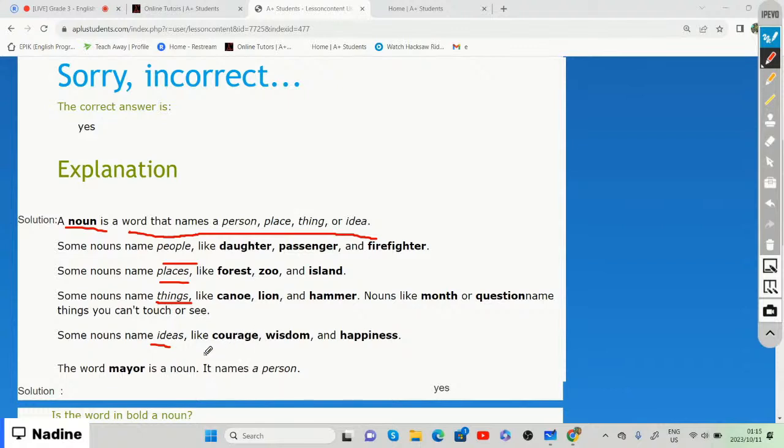For example, courage, wisdom, happiness, right? That is also nouns. And like we say, a noun is a word that either names a person, a place, a thing, or an idea.